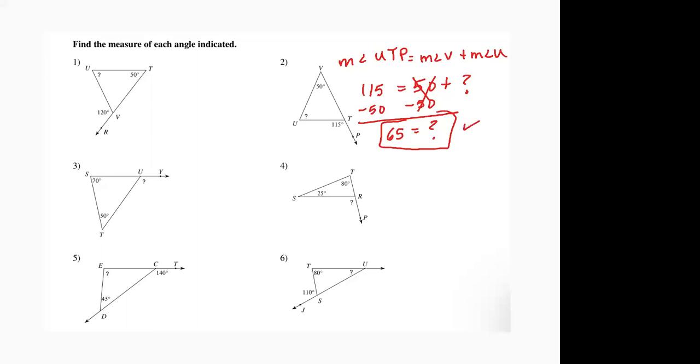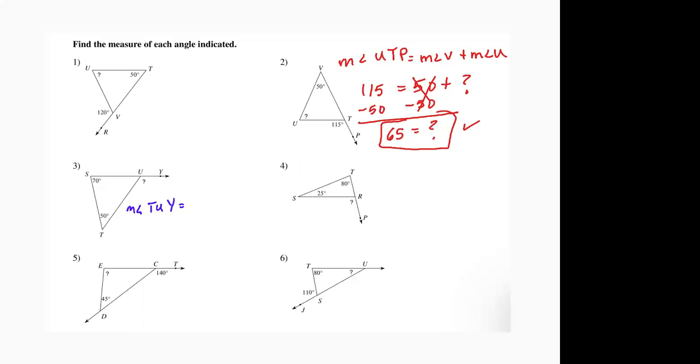Then on number 3, I have the measurement of angle TUY is the question mark, I don't know what that is, right? It is equal to the measurement of angle T plus the measurement of angle S, right?